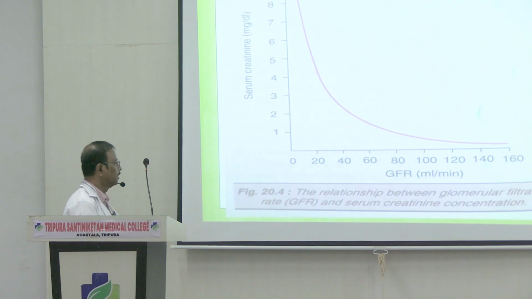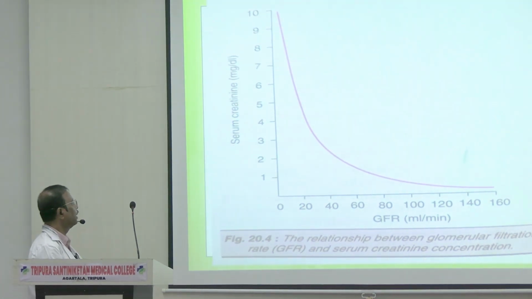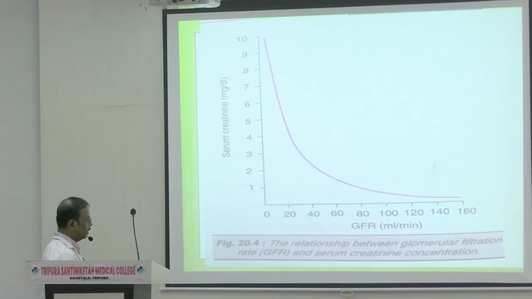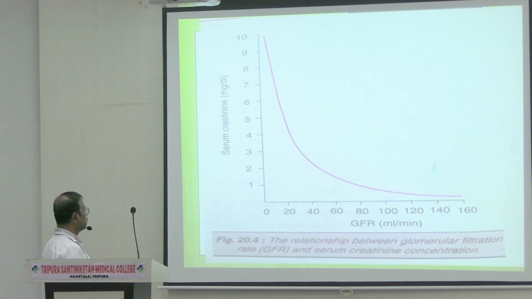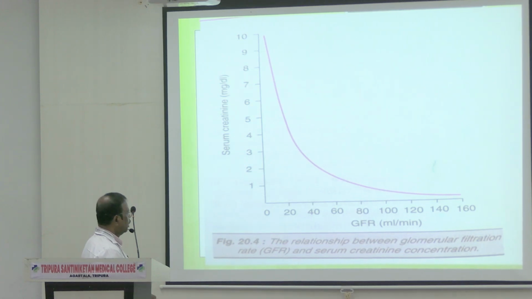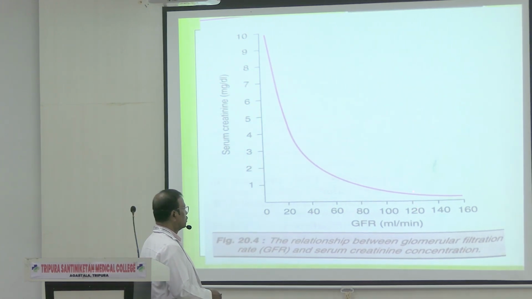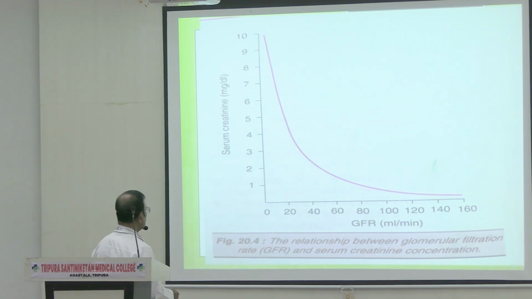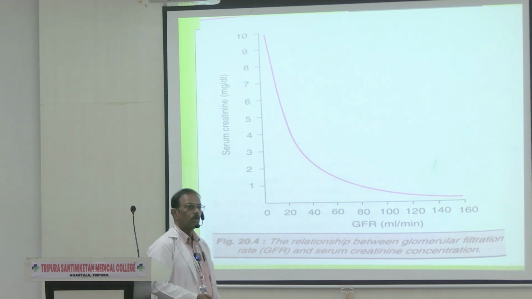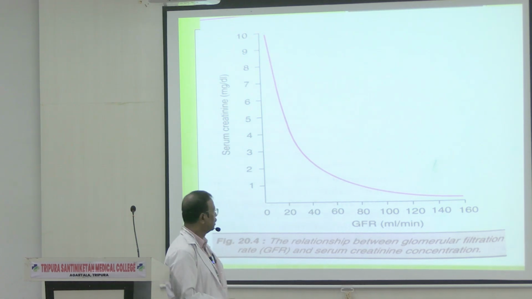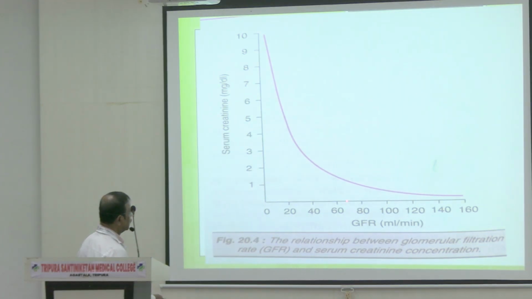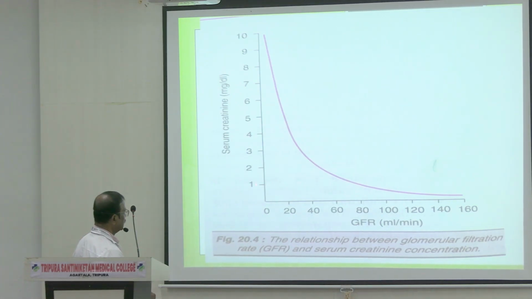So this is a graph in relation to GFR and serum creatinine. This is the GFR and this is serum creatinine. See, at 120 ml per minute, that is normal. When GFR is normal, the creatinine level is less than 1, within normal level. But when it is reduced to 75, it starts increasing.